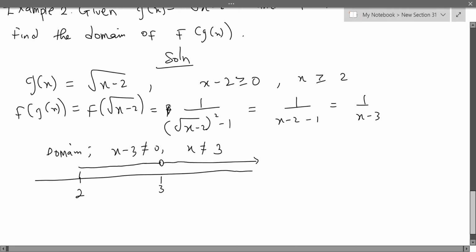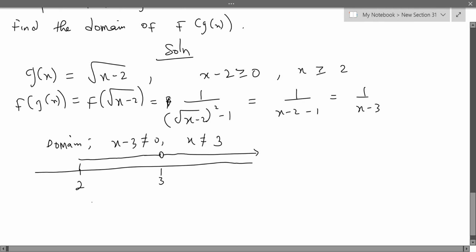So the domain now will be from 2 to 3. 2 can be included because we have x greater than or equal to 2, so here will be a closed interval, and 3 will be open because you can't have 3. So you open it there and then you go to positive infinity. So this is the domain of the asked question.